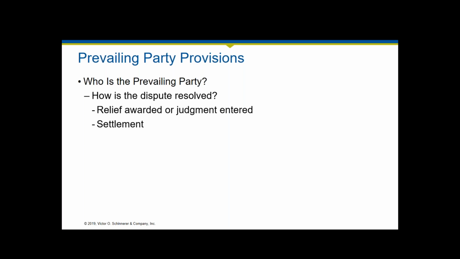If you win, does it matter that you only won a nominal amount? If the case is voluntarily dismissed or dismissed without prejudice, you're generally not recognized as a prevailing party. Most courts would say, well, these parties have decided just to walk away, and so there's no prevailing party.